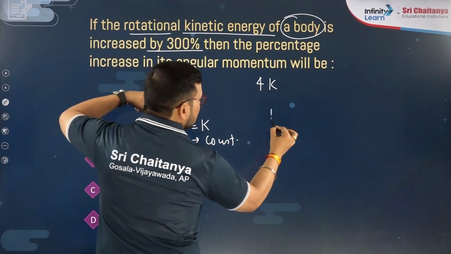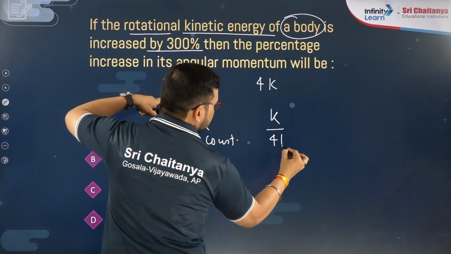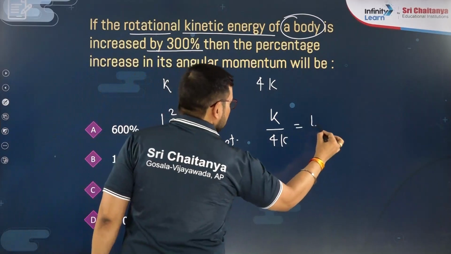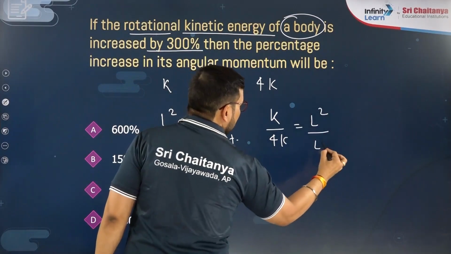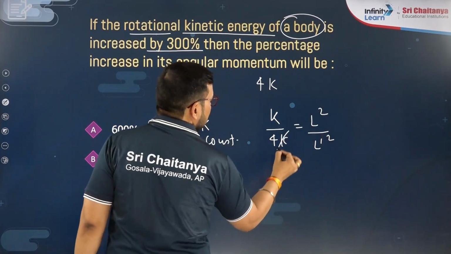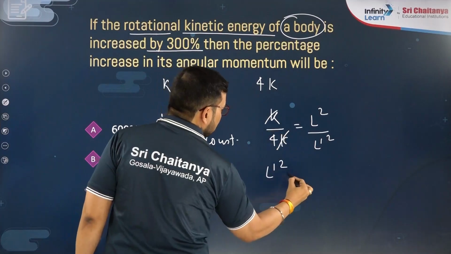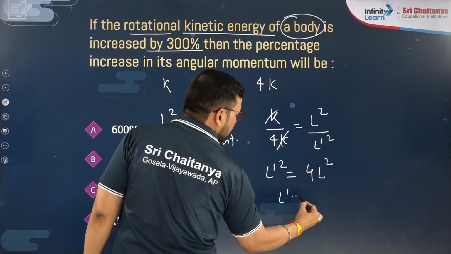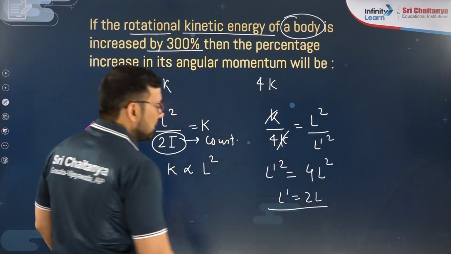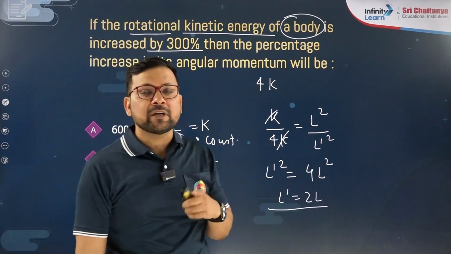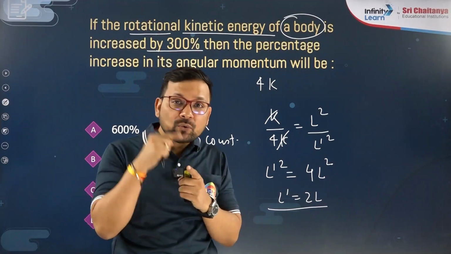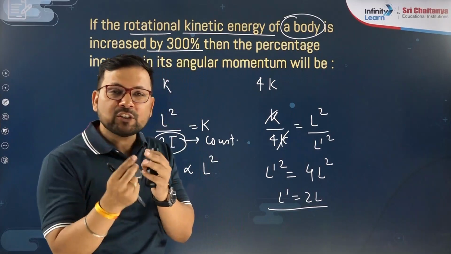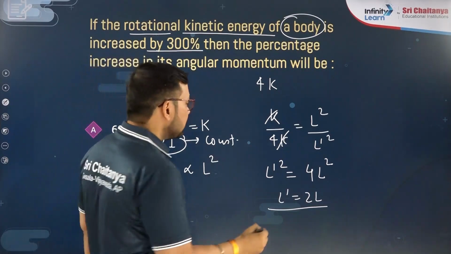So I am writing ratio K by 4K, initial kinetic to final kinetic, that is initial angular momentum to final angular momentum square. It means final angular momentum square is 4 times L square, so final angular momentum is 2L. If final angular momentum is double, it increased to 200, but the increase is by 100, because the change is only L. So what is the change?